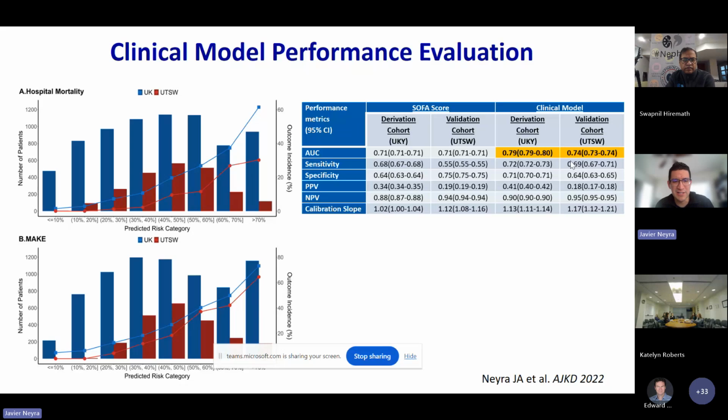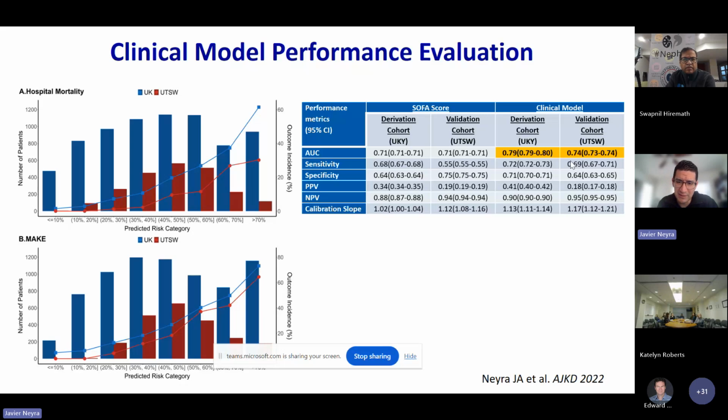In my opinion, these models are not going to replace your clinical decision capacity, but they are going to enhance your ability to identify a patient as high risk that perhaps clinically you would consider low risk. So as you can see, a lot of the value of these models is in the negative predictive value. The AUC fluctuates from 0.79 in development cohorts and drops to 0.75 in validation cohorts.